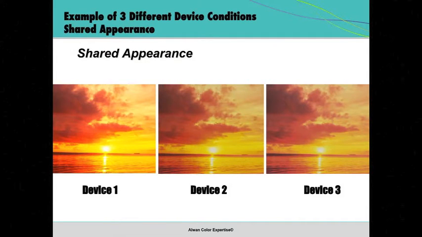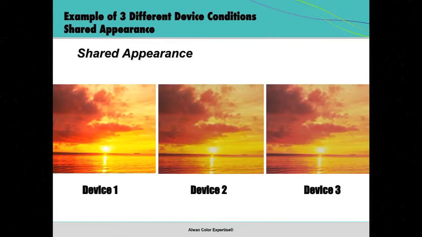Device number three on the right is the Canon ColorStream device, which, due to the substrate that was in the device and the range of color that that device is capable of, has much less vividness or saturation in the color. But when I'm doing a shared appearance, I'm taking full advantage of each device's range of color, and so I have the same gray balance, the same tonality, and the same look, the same appearance.